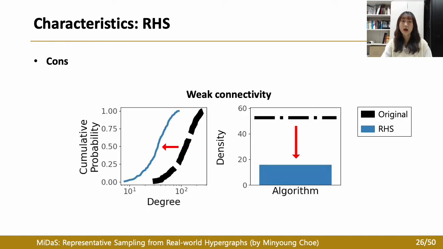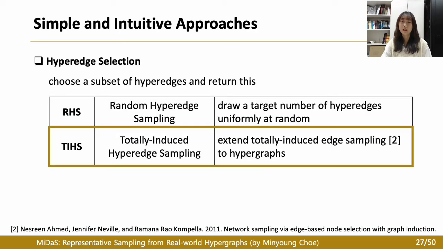But since RHS is equivalent to uniform hyperedge sampling, the subgraphs from this approach suffer from weak connectivity. Next, we extend the totally induced edge sampling method to hypergraphs and refer to it as TIHS.